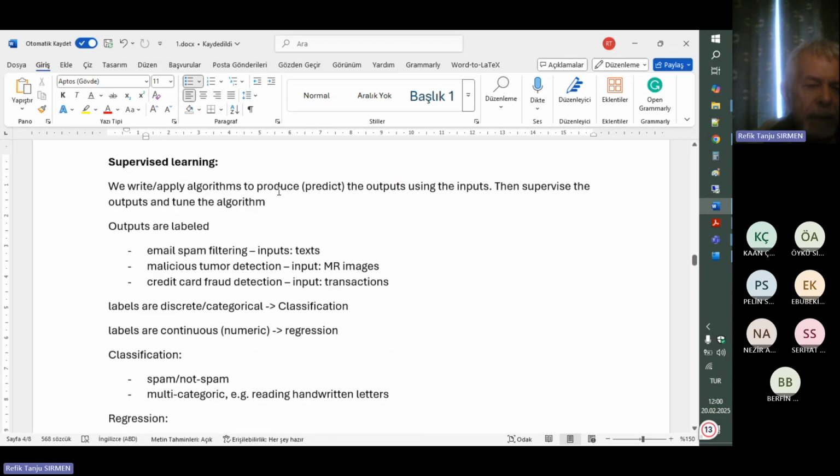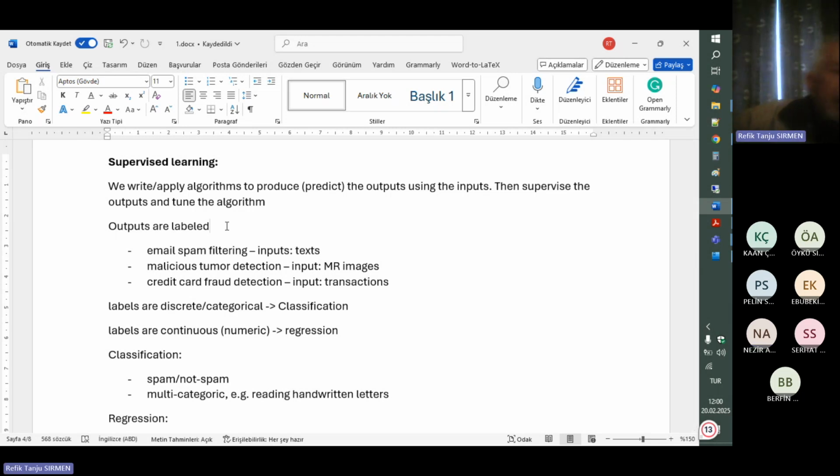Any questions about supervised learning? So I understand the goal is for this model to learn the relationship between inputs and outputs, and after that it predicts the correct output for the new data, right? Absolutely.